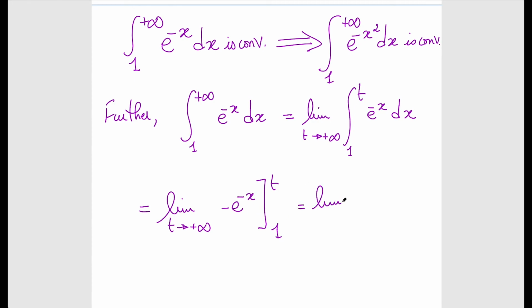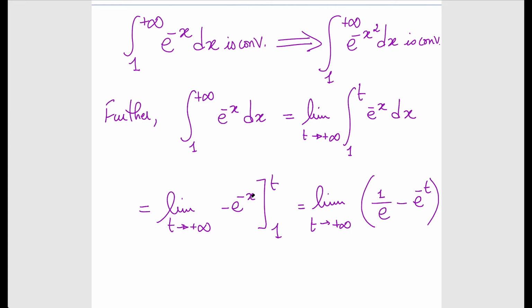So if you evaluate it, you get e to power negative 1, which is 1 over e, minus e to power negative t, correct?